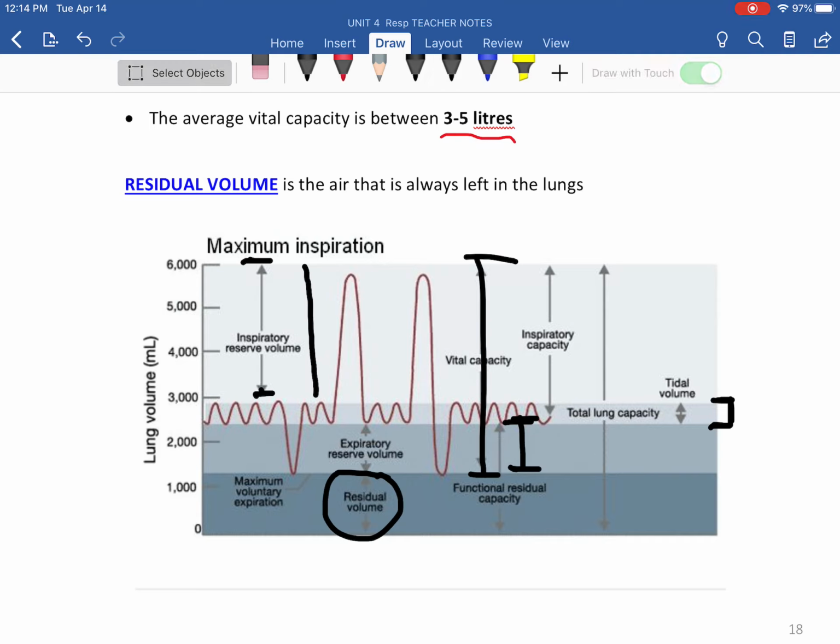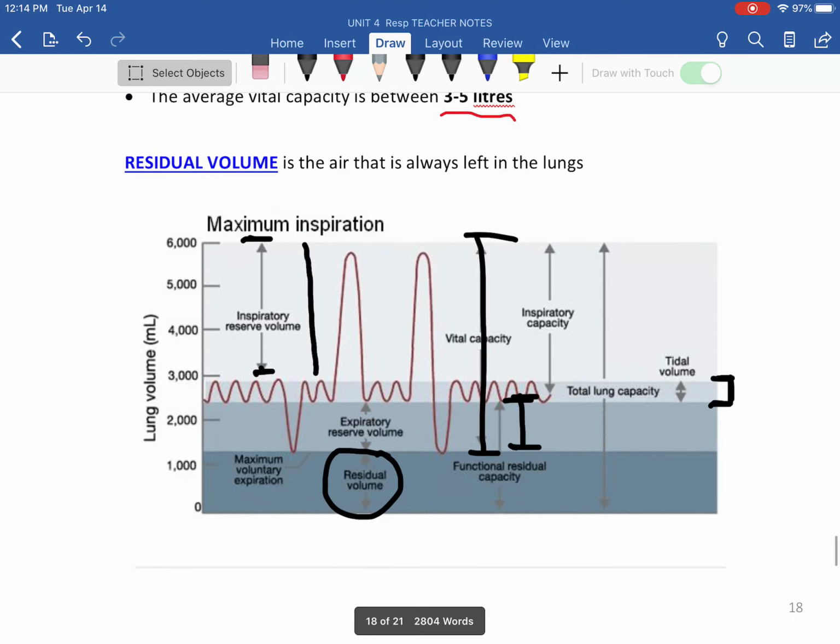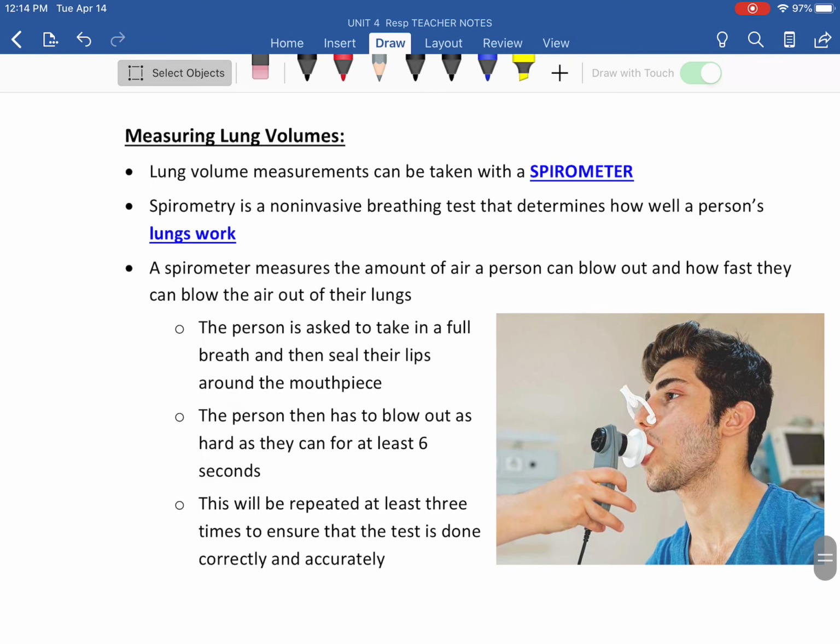All right, so how do we come up with these numbers? How do we measure them? Doctors will actually use a device called a spirometer. Now the spirometer is over here. It's a device that you would breathe into and out of, and it would be connected to a computer to help measure your lung volumes. So doctors would use this to try and diagnose things like COPD or asthma or other lung problems.